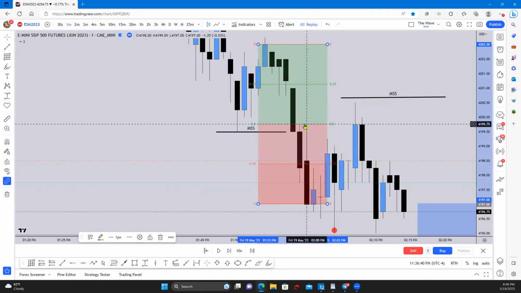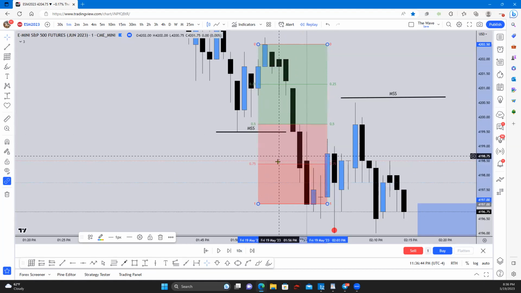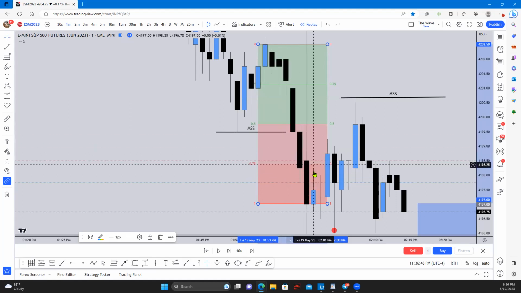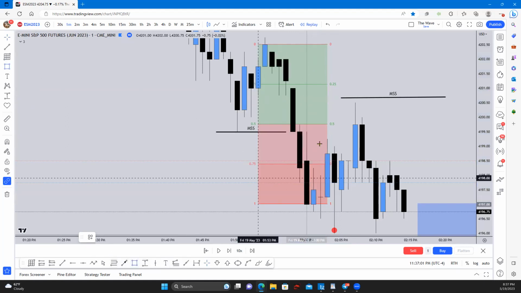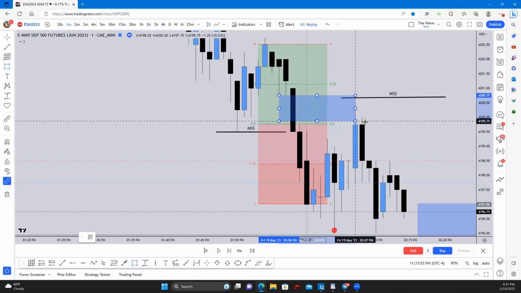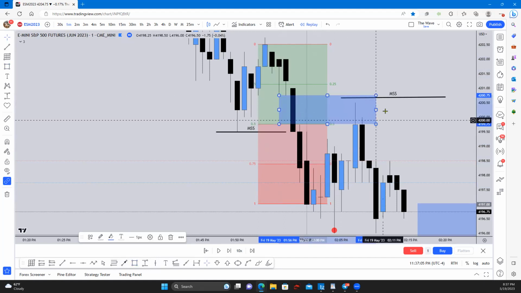So the first fair value gap that you see above 50%, again, this is just on the smaller time frame. Premium, discount. Price is in a discount. We want to see it come back up into a premium once we break the market structure. So the first fair value gap in a premium is right here. Okay.